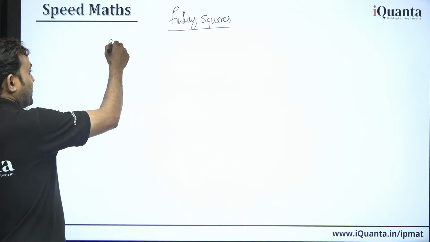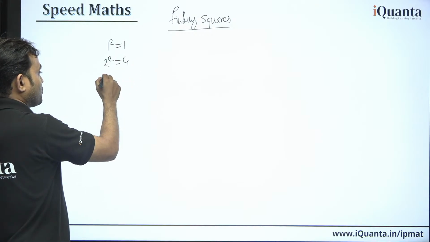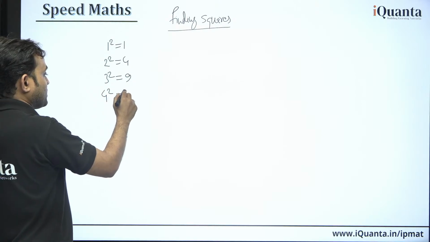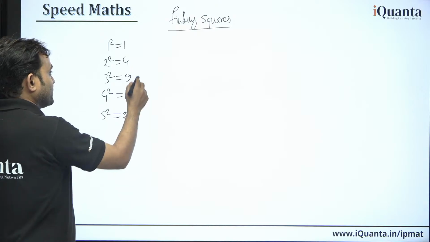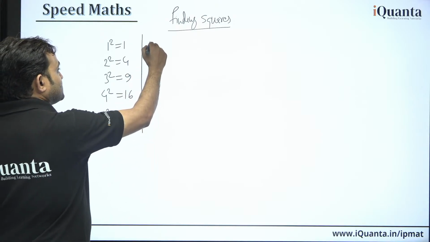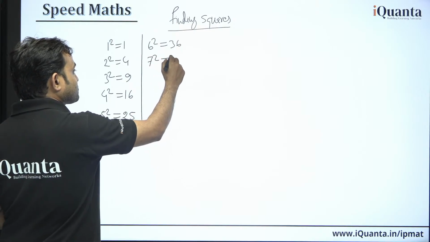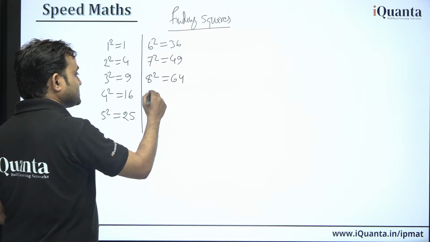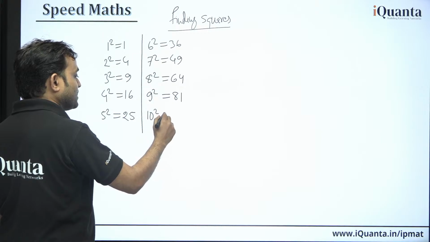1 square is equal to 1, 2 square is equal to 4, 3 square is equal to 9, 4 square is equal to 16, 5 square is equal to 25. 6 square is equal to 36, 7 square is equal to 49, 8 square is 64, 9 square is 81, and 10 square is 100.